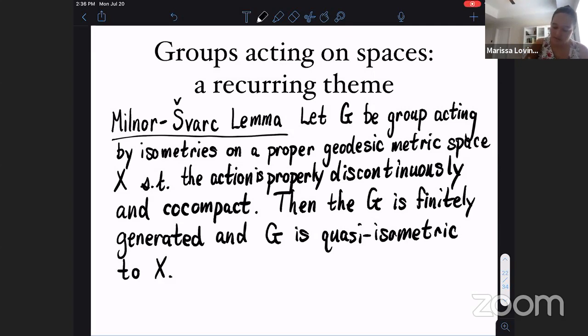I'm going to have a reminder, because I always forget what properly discontinuous means. Let me remind us very quickly. It's not a hard thing to say.